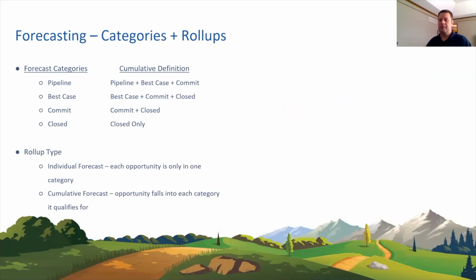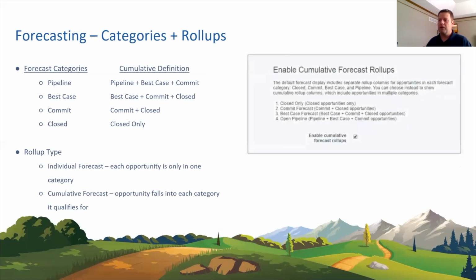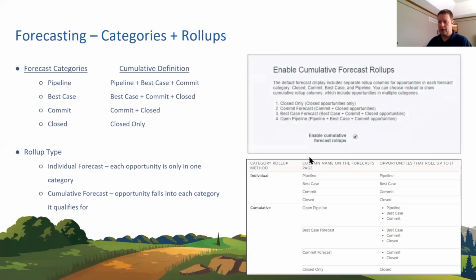Once you've got the type set up, you have the ability to roll it up 2 different ways. You can do what's called an individual forecast or a cumulative forecast. So for an individual forecast, each opportunity is going to fit in exactly one category. So it's either pipeline, best case, commit, or closed. It can't be in both. With cumulative, it actually is going to roll up everything that would fit within that category.